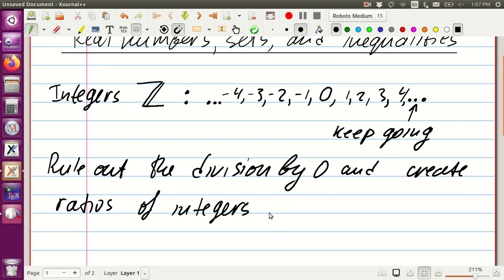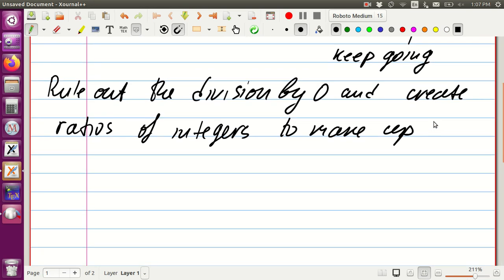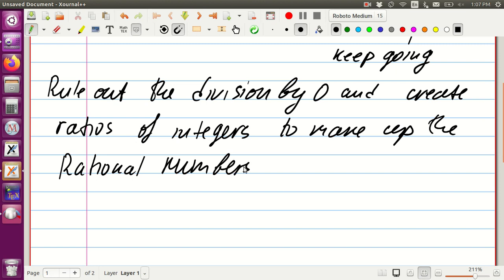And this will make up the rational numbers. For the rational numbers, the usual symbol is this letter Q with an extra line in the middle.